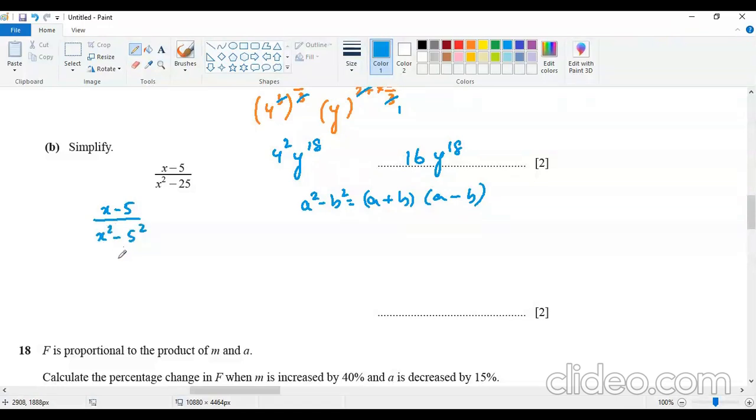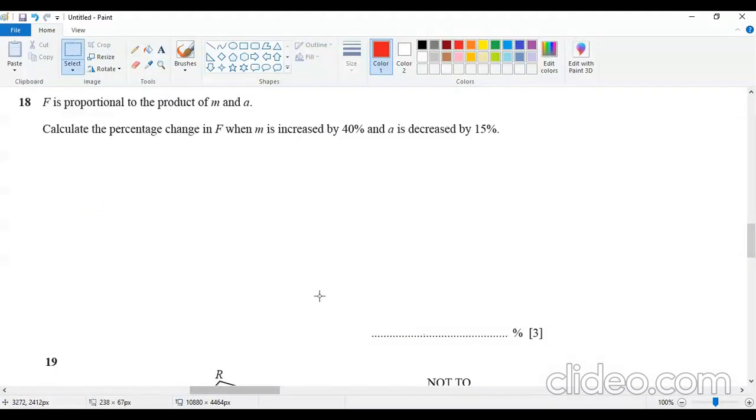So this is the difference of two squares. That means x minus 5, x plus 5, and x minus 5. Now the numerator can be cancelled with this, so your final answer is going to be 1 over x plus 5. Moving on to the next question.